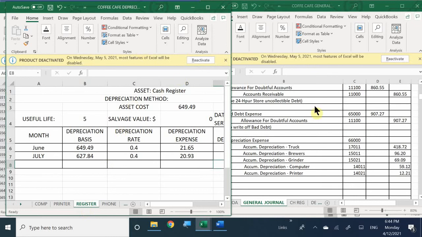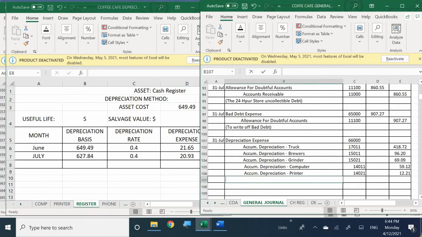Once again, the cash register is accumulated depreciation register, okay, which was 14501 or 14051, and this one is for $20.93. Okay.